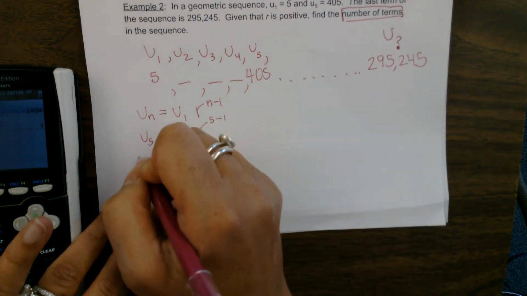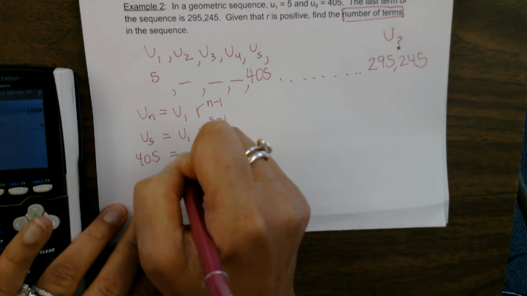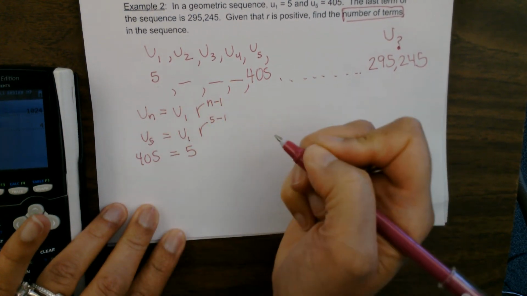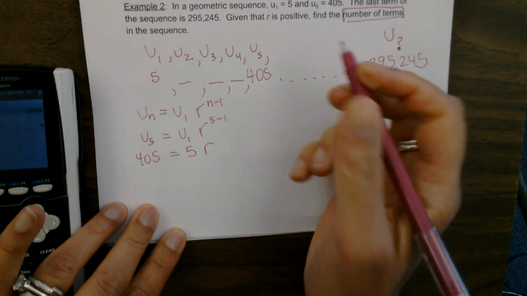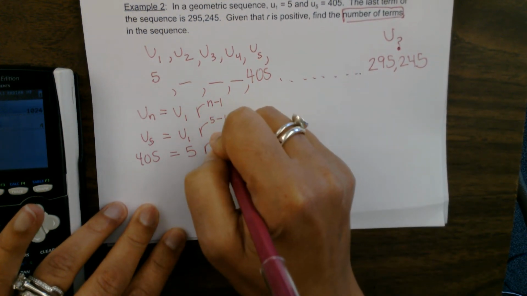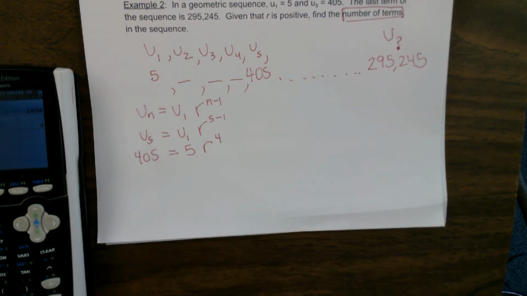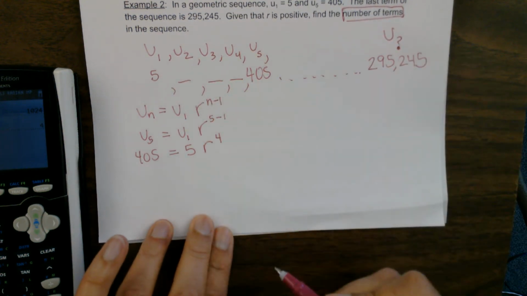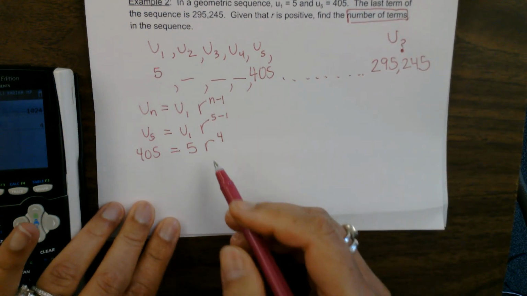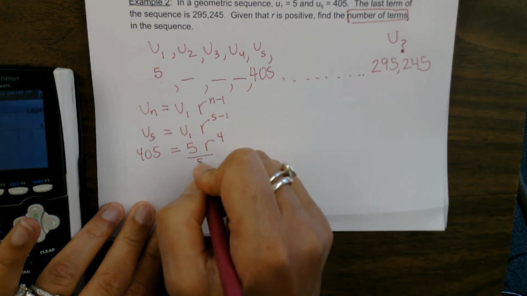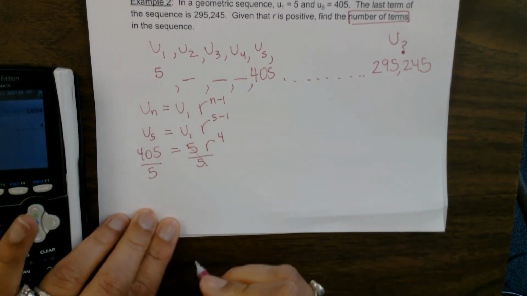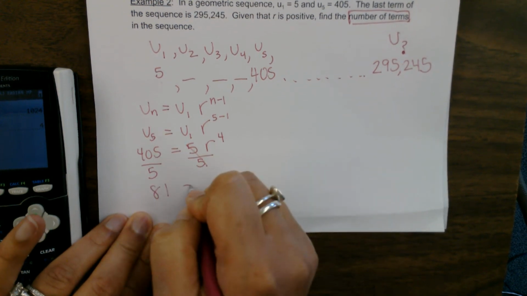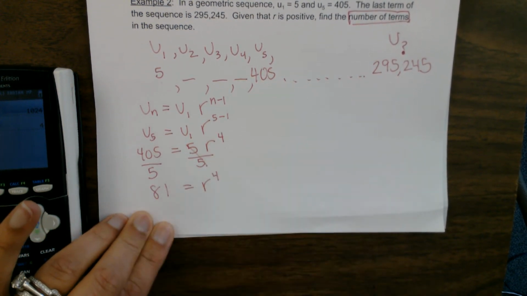U sub 5, I'm going to put 405 equals u sub 1, I'm going to put 5, times r to the 5 minus 1, which is 4. Okay, so all I did is substitute my numbers in. Now, just like the problem that we did before, we are going to divide. 405 divided by 5 gives you 81 equals r to the 4th.